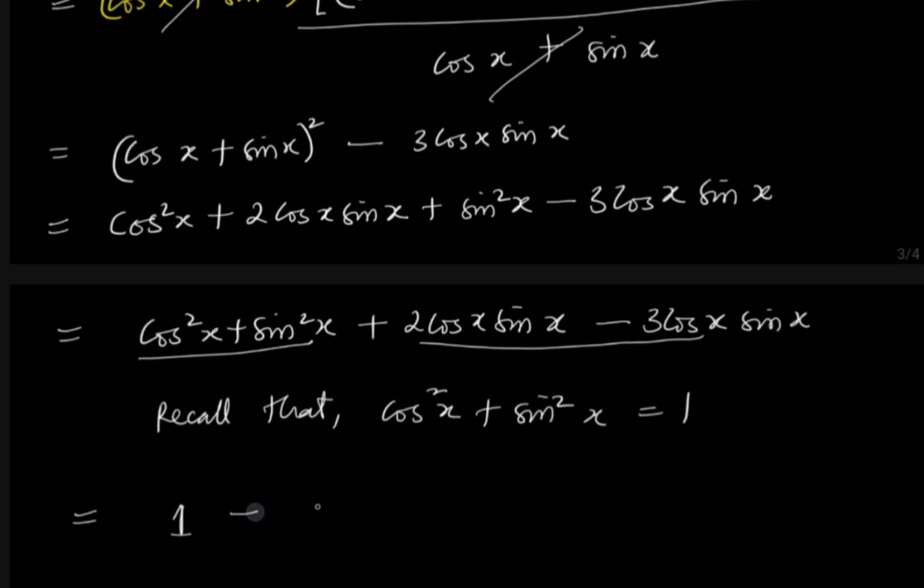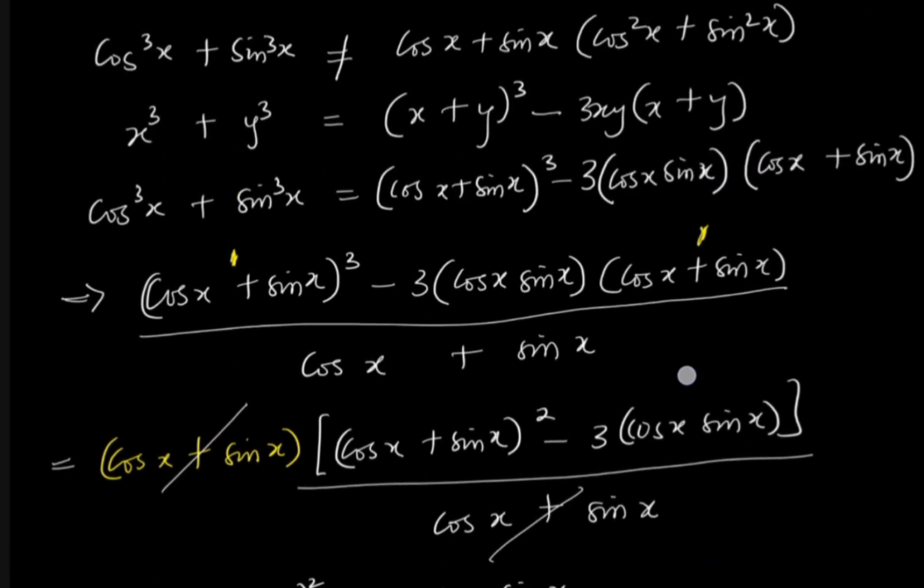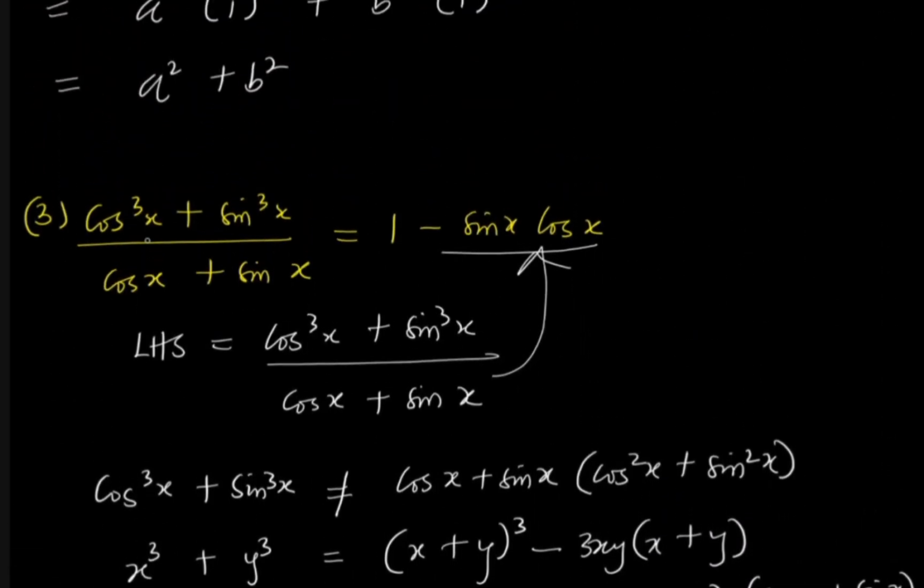That will give you minus cos x sine x, which can be written as 1 minus sine x cos x. And that's the proof. You have proven that this is equal to this. Again, you're welcome.